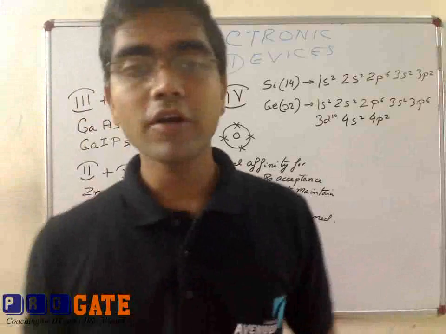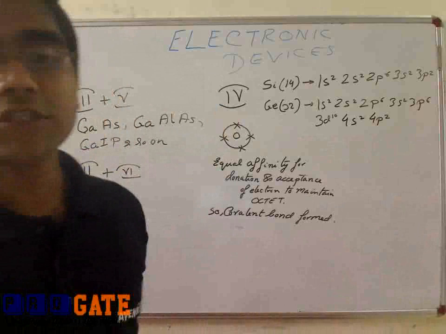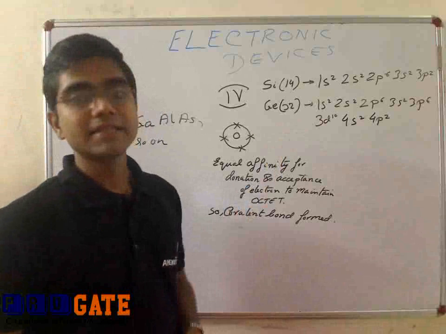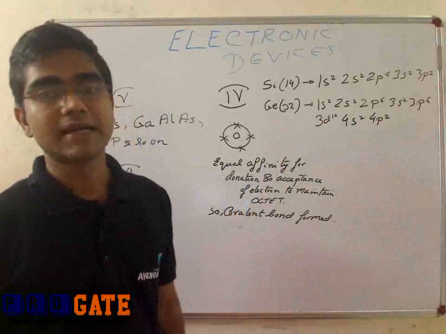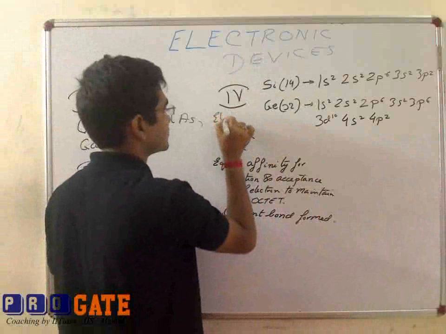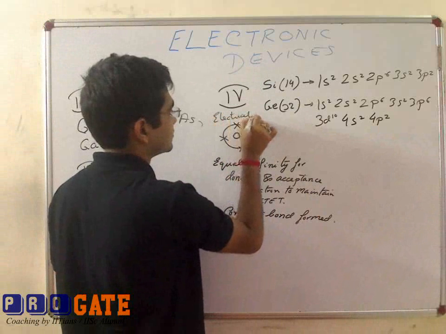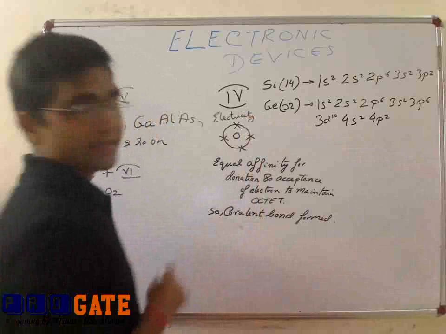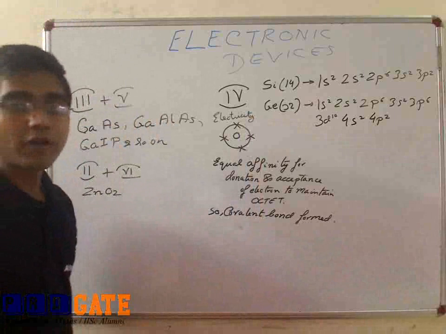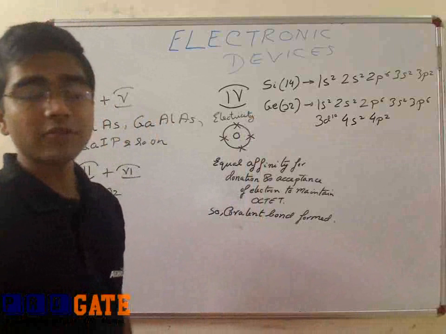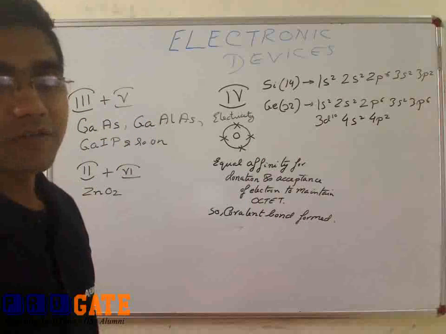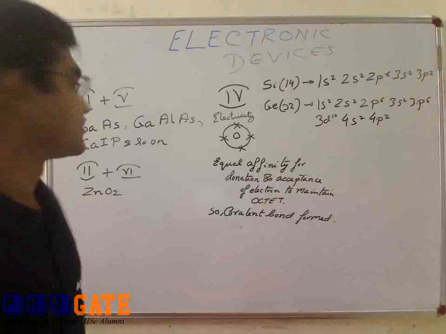Now, normal group 4 semiconductors are mainly responsible for conduction of electricity. Group 3 and group 5 elements are mainly used along with electricity generation, for their photo characteristics.